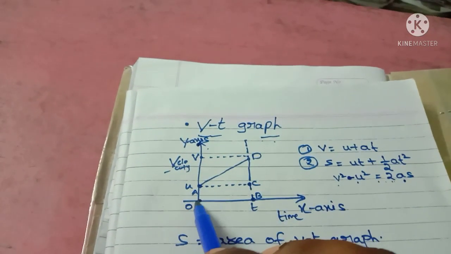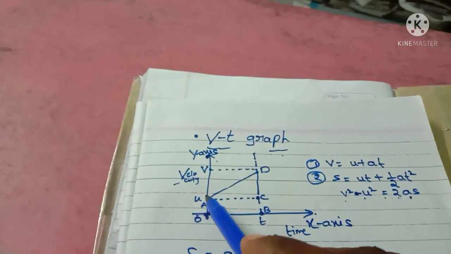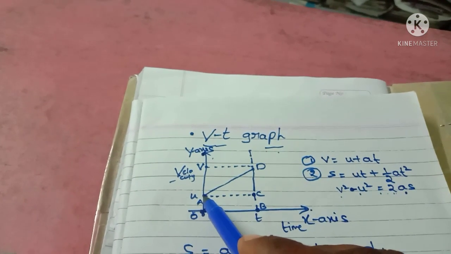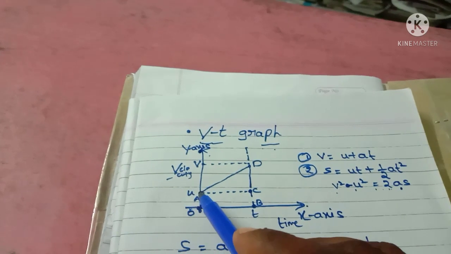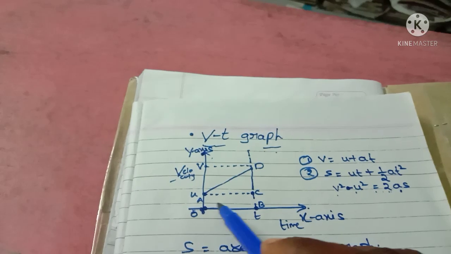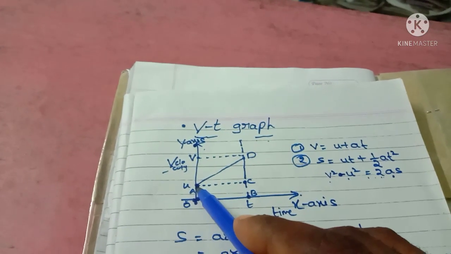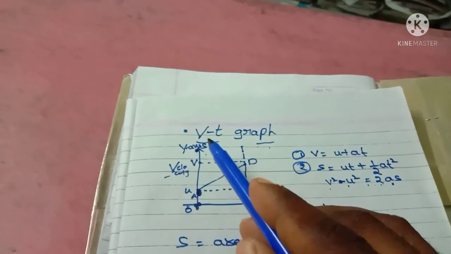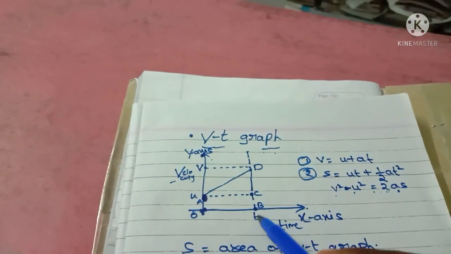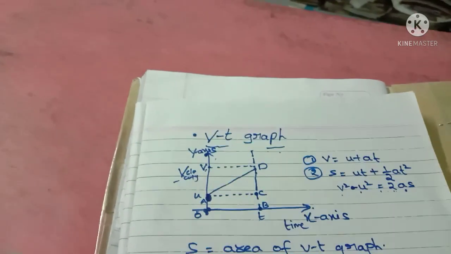So this is the y axis, this is the x axis. Whenever a body has some initial velocity u, it starts here and ends up here. It has initial velocity u, and after a certain time t, it reaches here with a final velocity v.